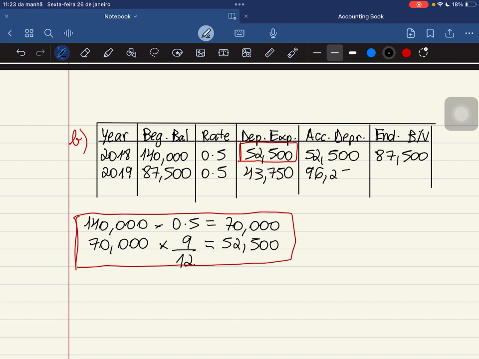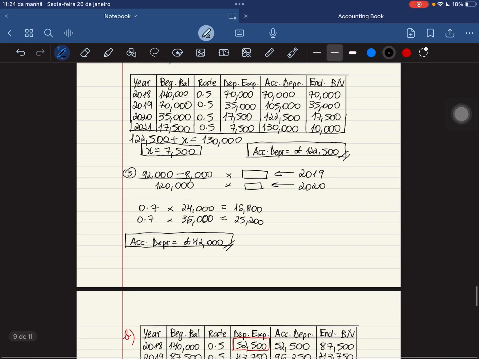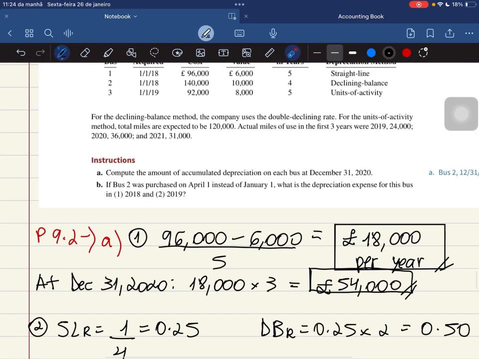Okay, all right, so one more time. That is 96,250. And then the beginning minus the depreciation expense, how much is that? That is 43,750. So let's take a look again at what else it asks us.